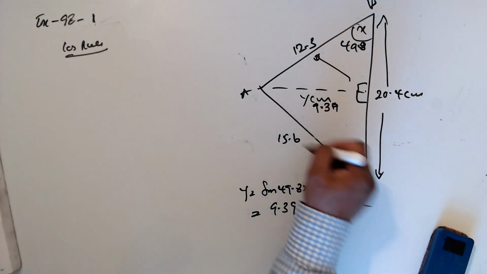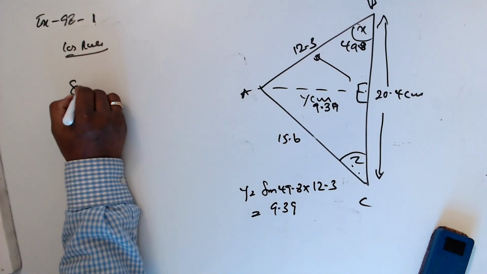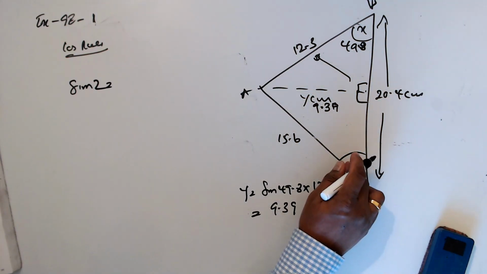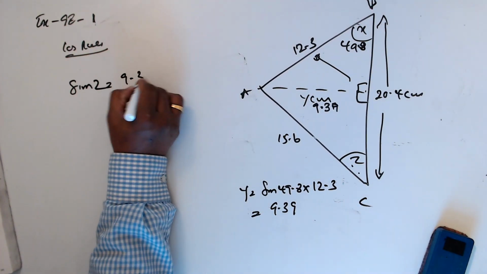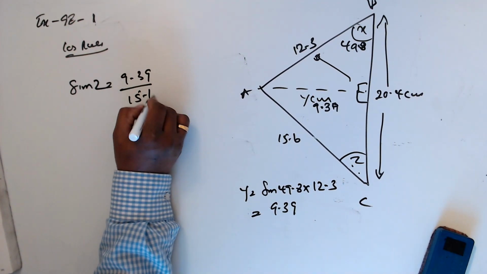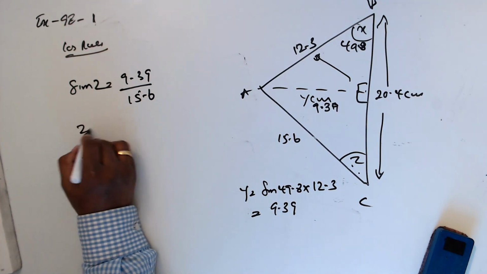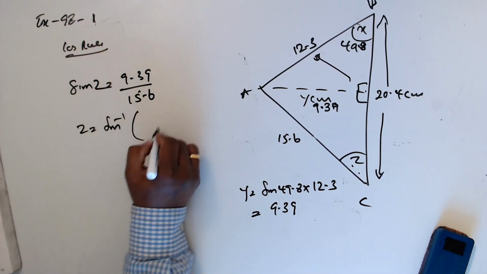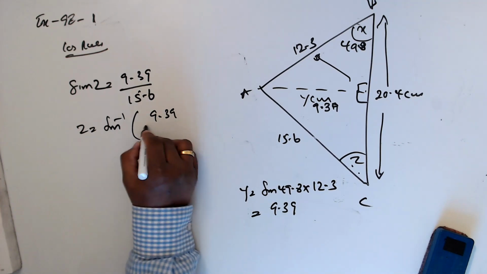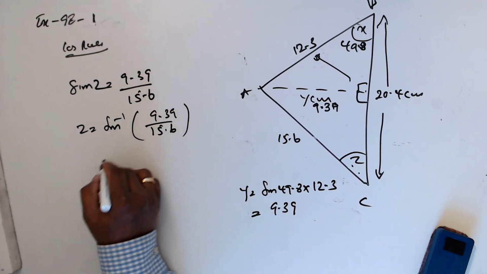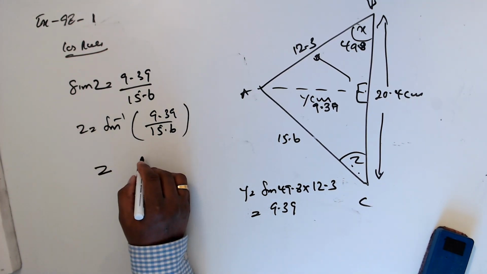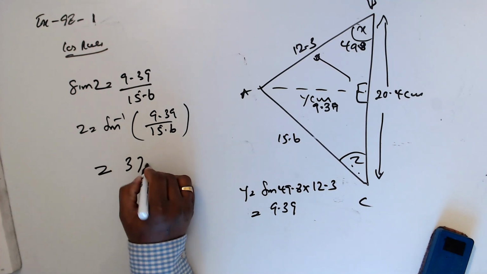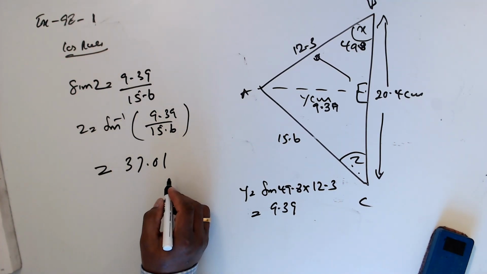Then from this triangle we can write sine Z, when you stand here, 9.39 over 15.6. So Z equals sine inverse of 9.39 over 15.6, which is 37.01.